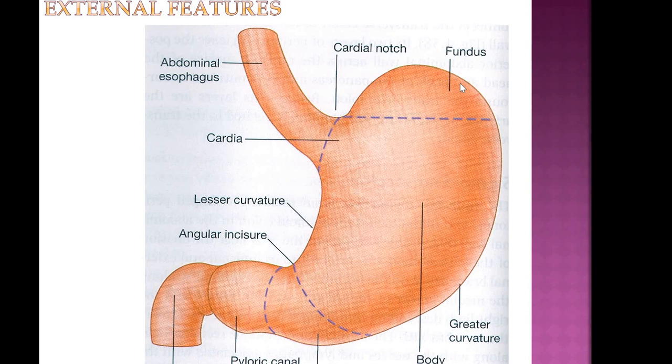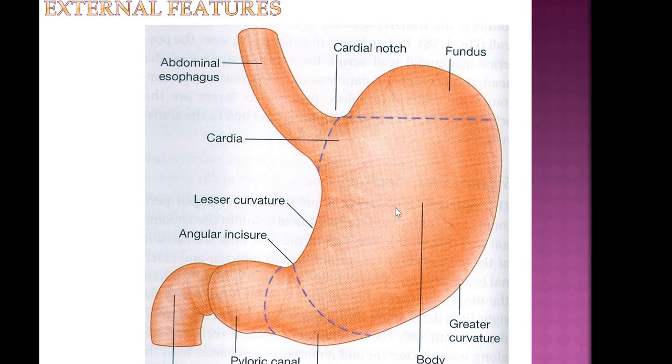It is the upper convex part of the stomach, and the body is the part between the fundus and the pylorus. The fundus and body of the stomach contain the gastric glands. Then the pylorus is divided into two parts, proximally the pyloric antrum and distally the pyloric canal, by an inconstant sulcus.